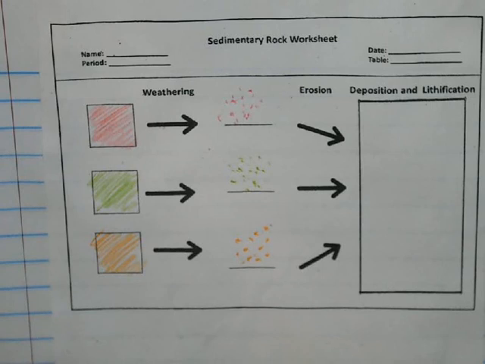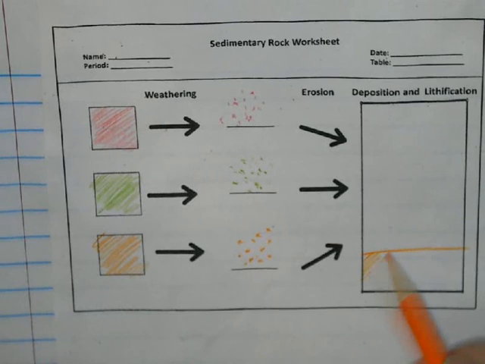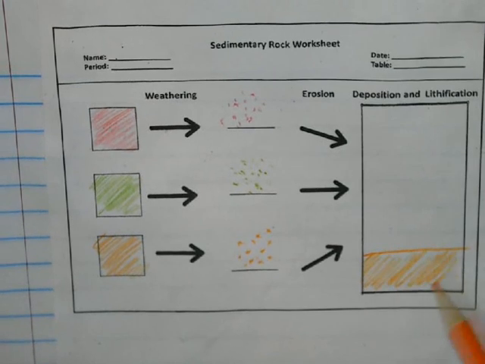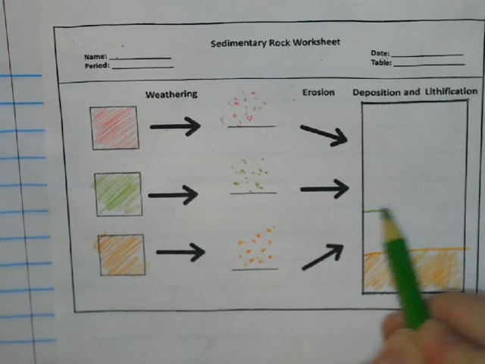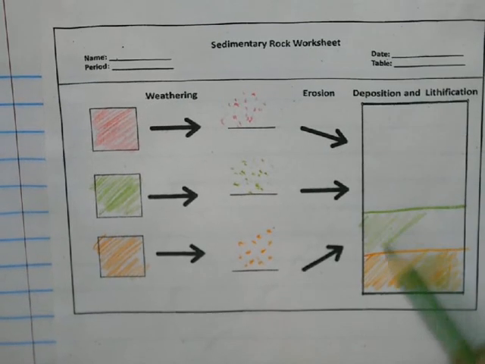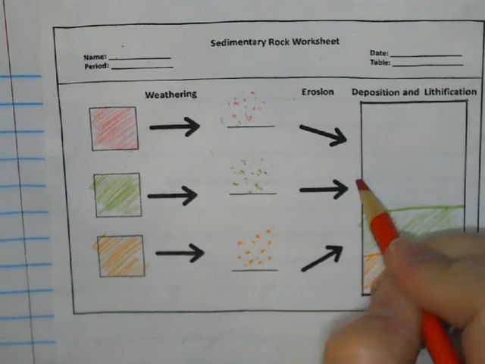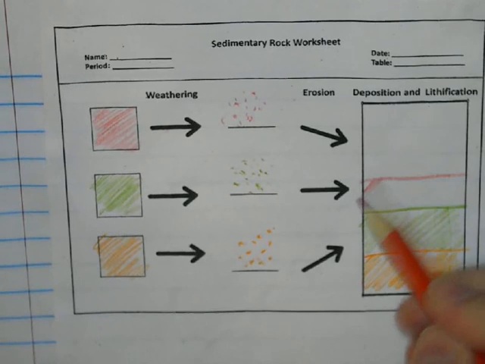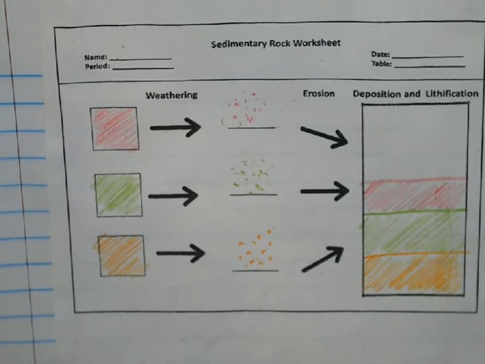What did those layers look like? Were they curvy and wavy, or were they flat? Flat. That's correct. They were flat. So you're going to draw what your end product looked like. Yes, because that's how it looked in your lab, and that's what we're drawing.